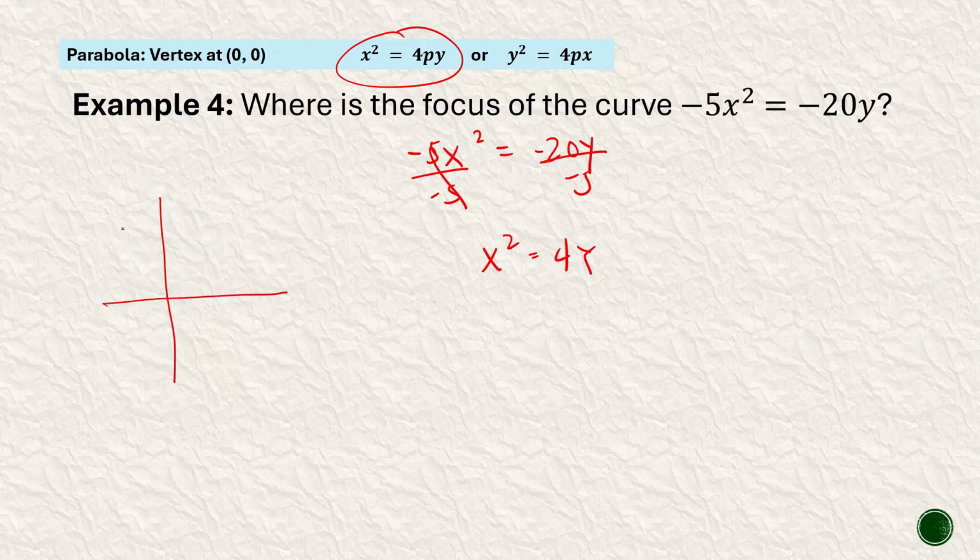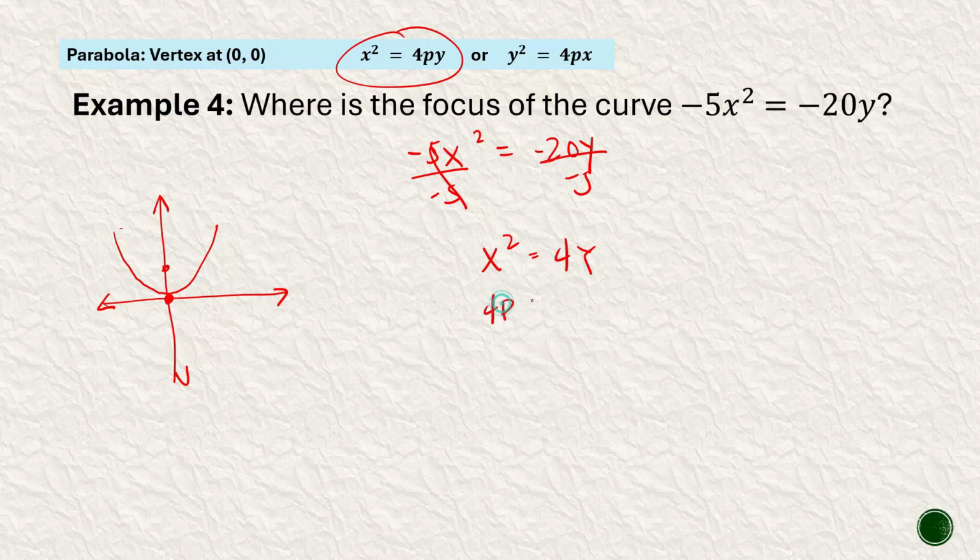Sorry for my drawing. There you go. That's the vertex. So that gives us an idea that the focus is somewhere here, meaning the y coordinate is positive and the x coordinate is 0. But let's solve for p because that's what we need.